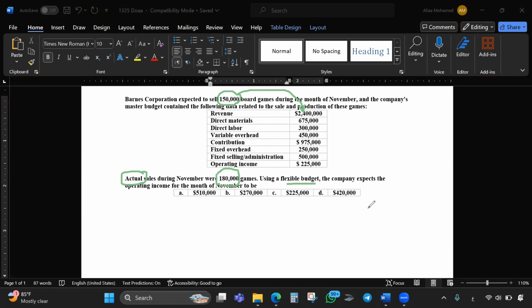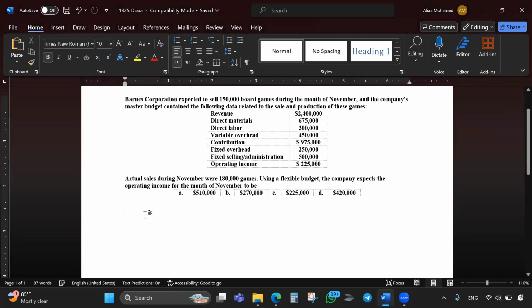Using a flexible budget, which depends on the actual quantity of sales, the company expects operating income for the month of November to be... We can solve this problem using an easy technique, which is the contribution margin technique.